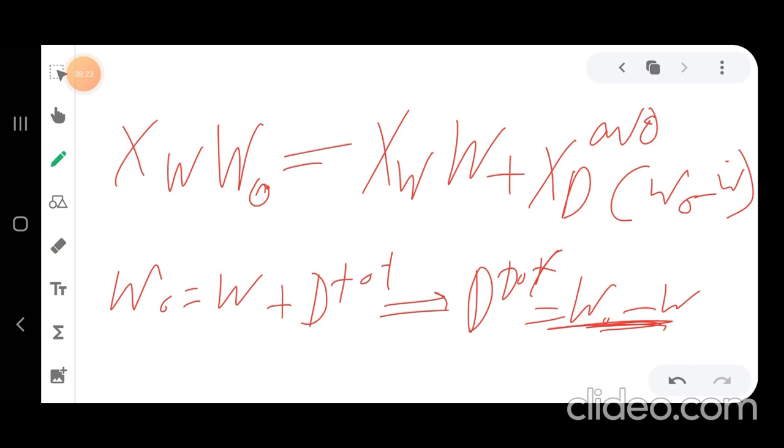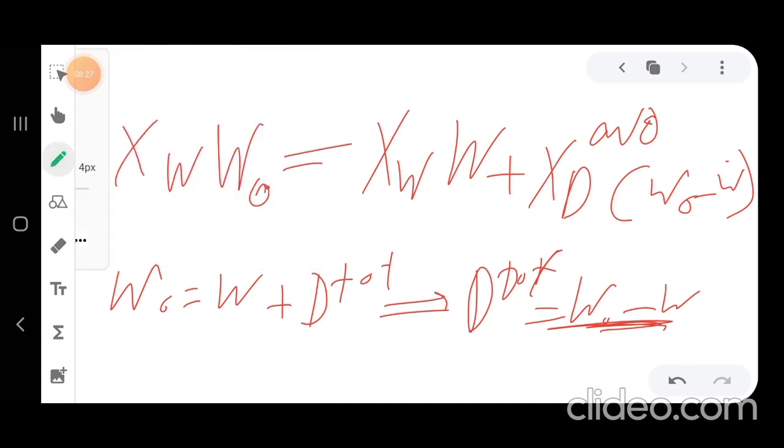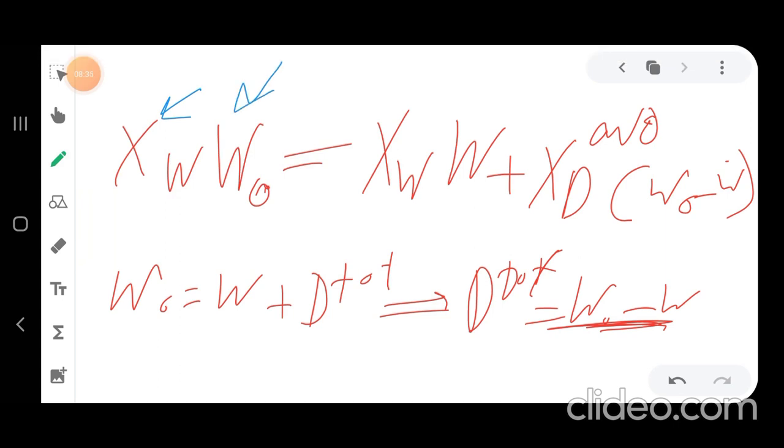Then you will see what the only unknown here is. We know xw, our final composition that we want to achieve in the still pot for the more volatile component. We know w naught, our initial quantity that we started with. We know xd average, which is the same as xd because it is constant xd.